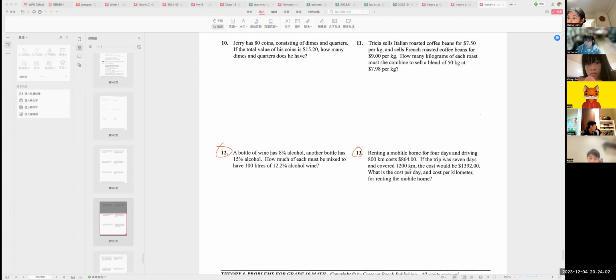So you can say the cost per day is X dollars and the cost per kilometer is Y. So 4X plus 800Y equals 864, correct, Kevin? The next one is 7X plus 1,200Y equals 1,392. This one is easy, so you just calculate it yourself. I'm not going to spend time on this question because I think it's pretty easy.